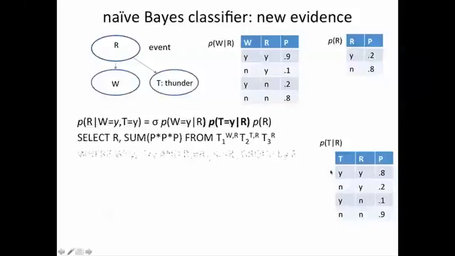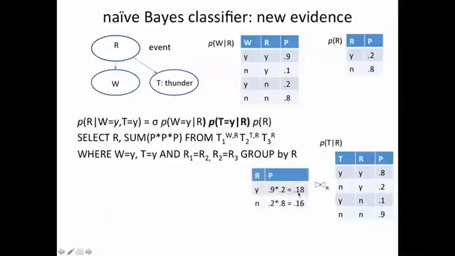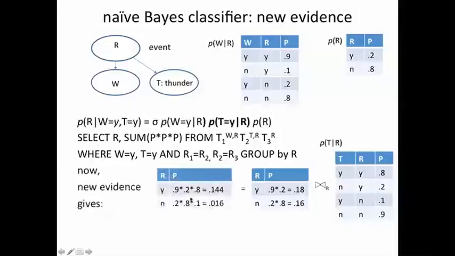In this case, again, we do the same SQL, only we have another select statement which restricts us to use only those rows of this table, again joining with the prior join that we had of T1 and T3, but with the restriction that T equal to yes, we'll now get a different result, because now we'll multiply this by 0.8 and the second row by 0.1, and these rows don't count, so we get different results.